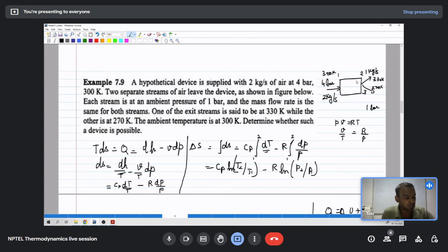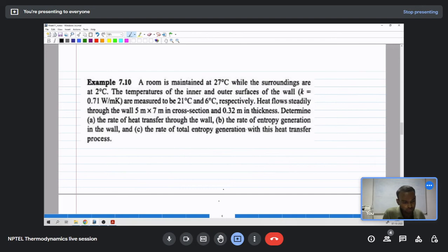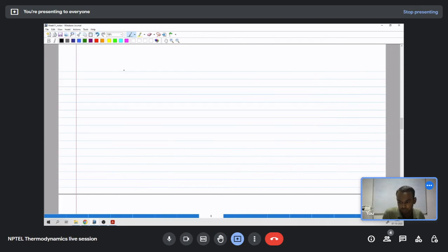Like someone says I have air at 30 degrees Celsius and I feed it into a system, and this is a black box for me currently.